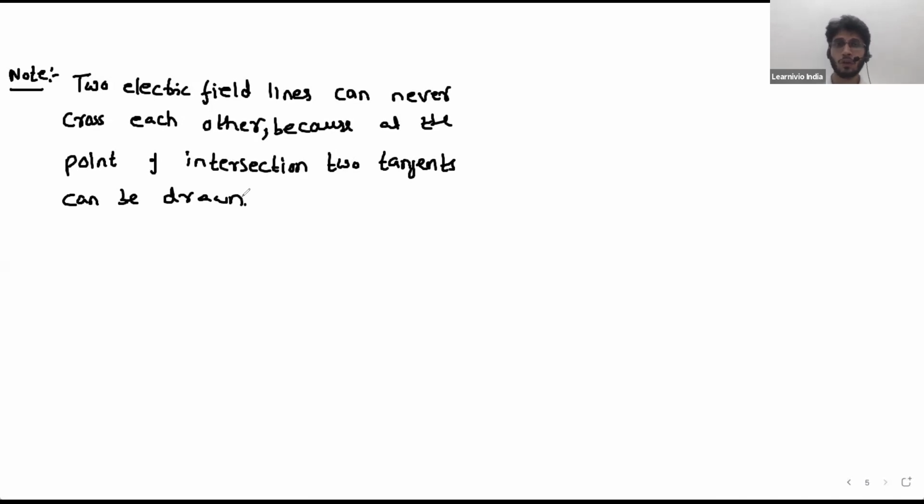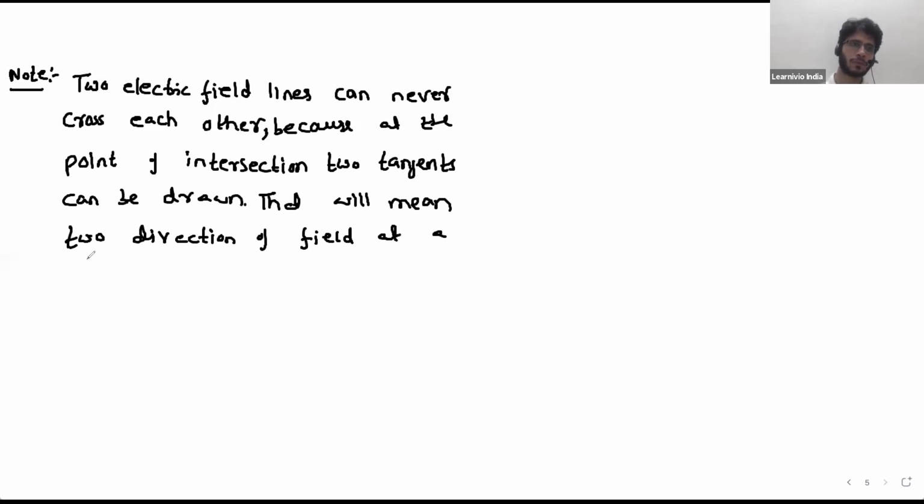Two tangents means two directions of electric field. That will mean two directions of field at a single point, which is physically not possible.